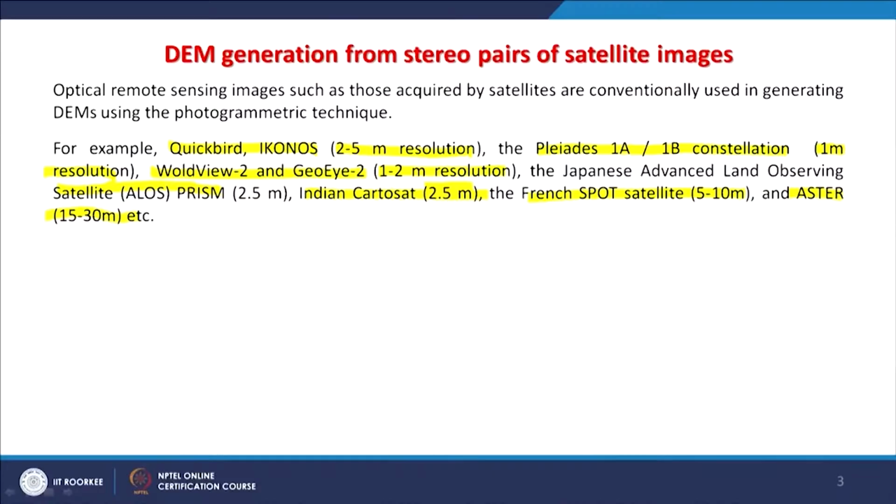starting from SRTM DEM, which is also available at 30 meter, ASTER, which is also available at 30 meter, and then our Cartosat for entire India, which is freely available at 30 meter. Though if you buy the data and process it using photogrammetric techniques, you can definitely create a digital elevation model at 2.5 meter, but that will cost.